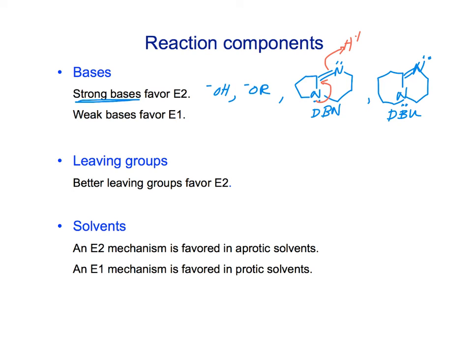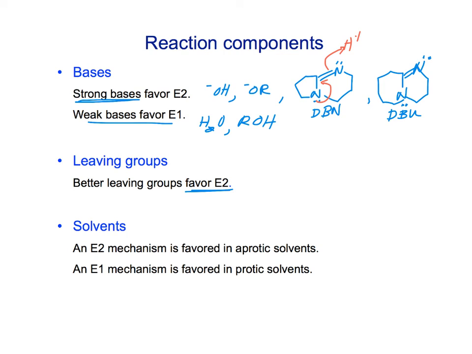Weak bases, in contrast, favor E1. So again, weak bases here are going to be things like water and alcohols. For leaving groups, better leaving groups are going to favor E2 slightly over E1, even though good leaving groups will speed up the rate of both mechanisms.